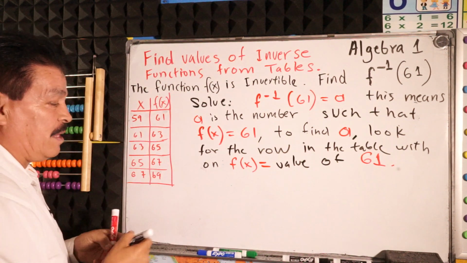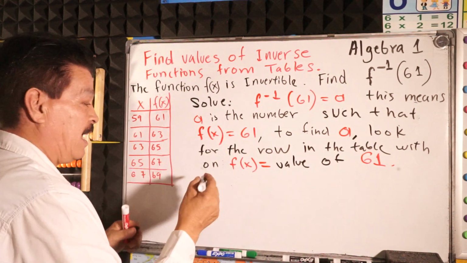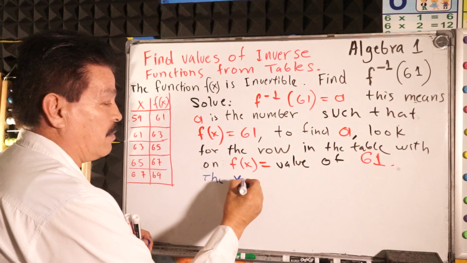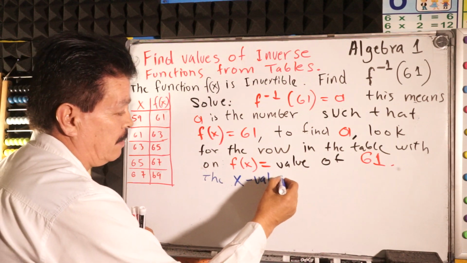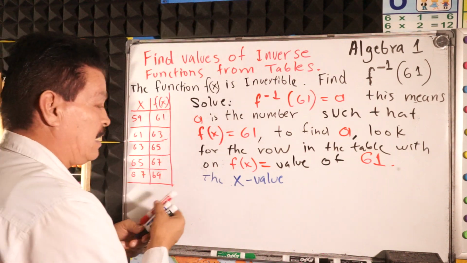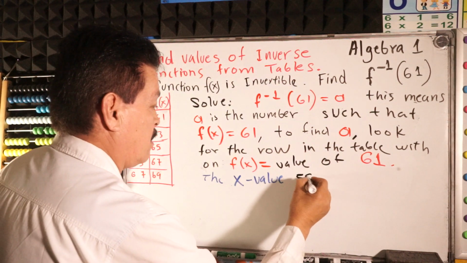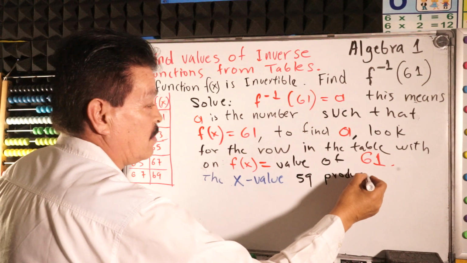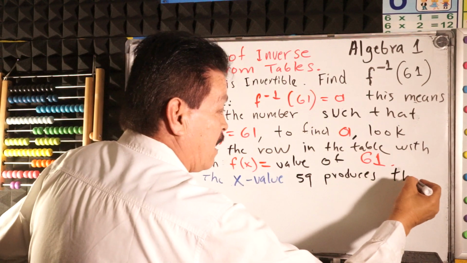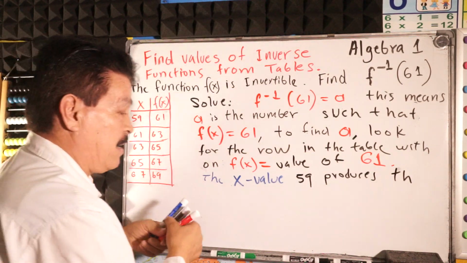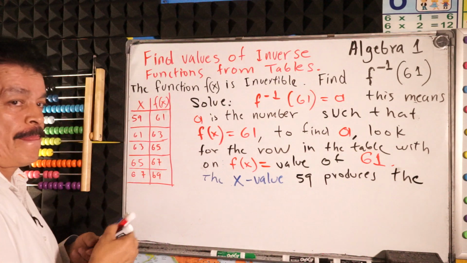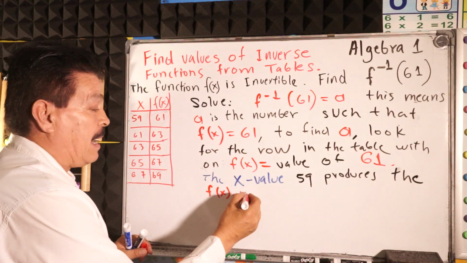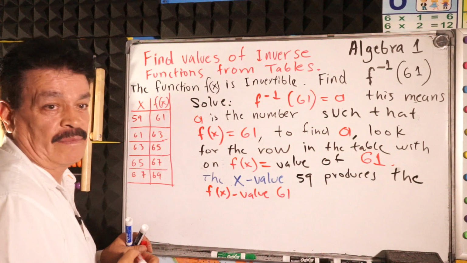In other words, let me write down the process down here. The x value 59 in our case produces the f of x value 61, right?